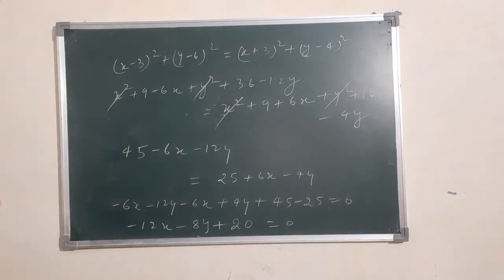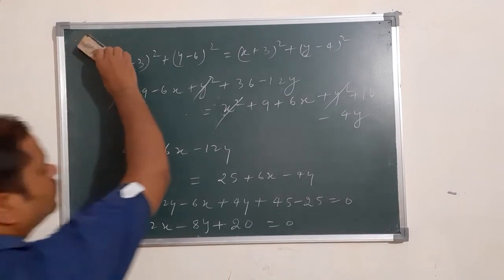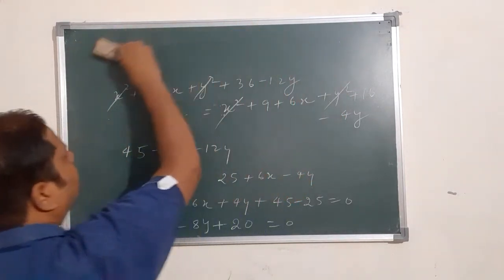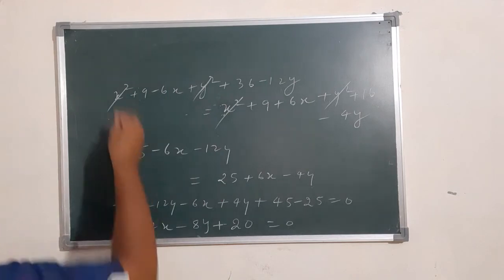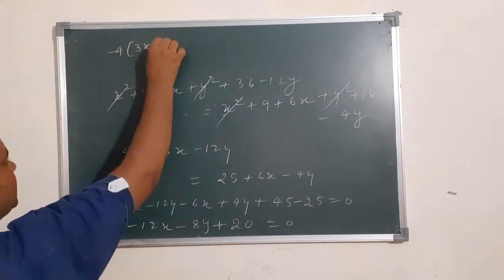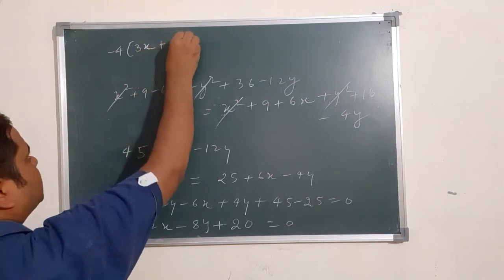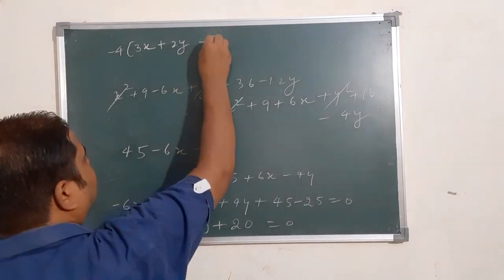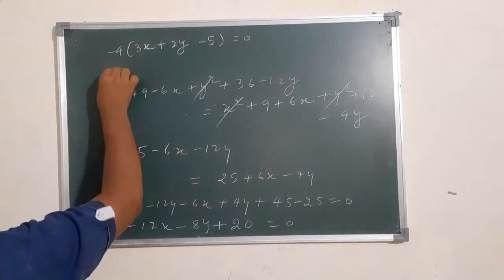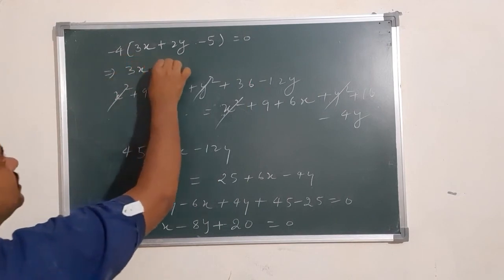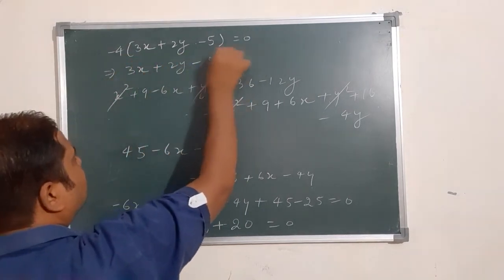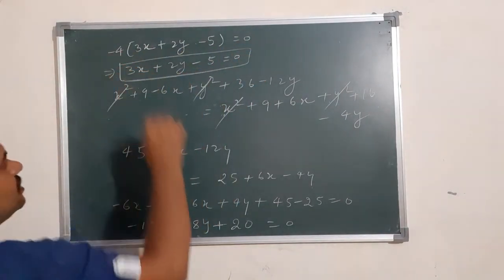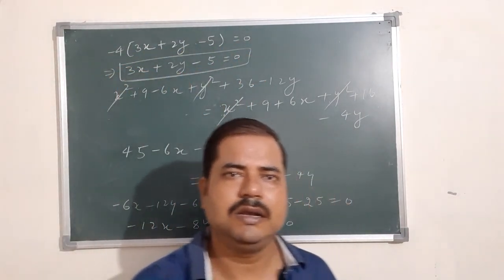Taking −4 out of the bracket, we will get −4 as common, then this is 3x plus 2y minus 5 is equal to 0. Because 4 does not equal 0, so 3x plus 2y minus 5 is equal to 0. So this is the solution for question number 10.